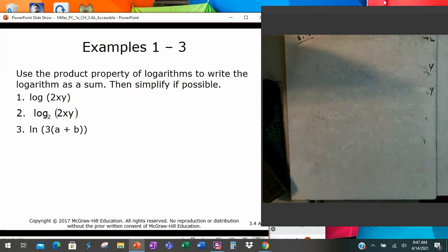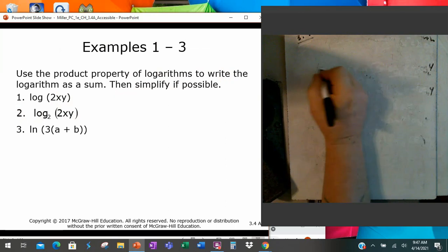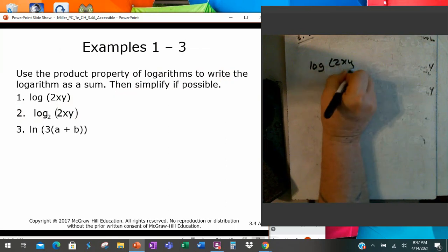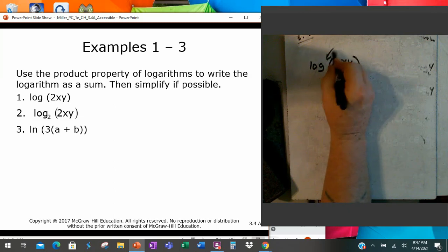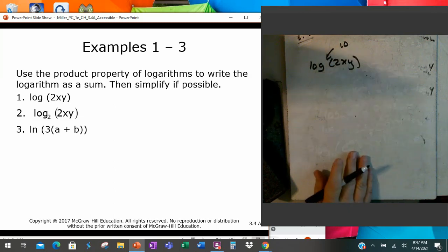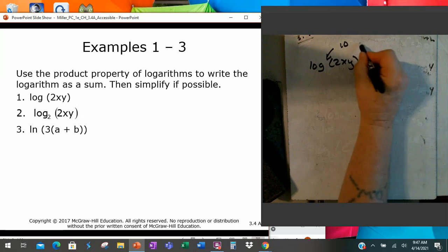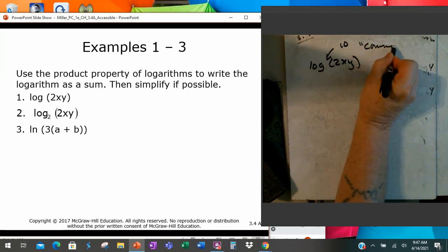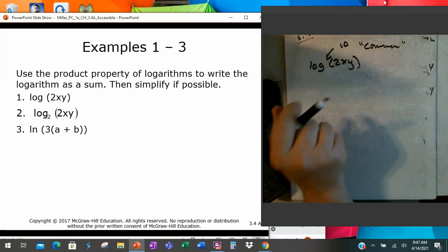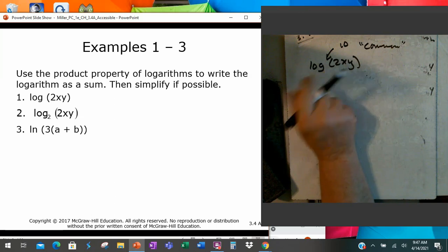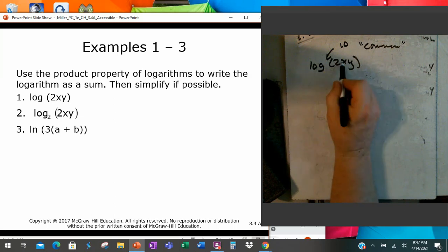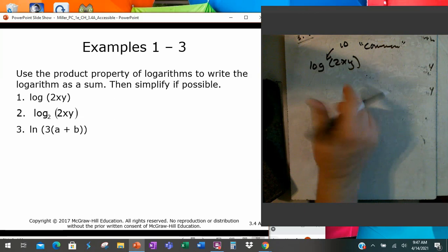So I've got log 2xy, and I have to remember, if I just see this log by itself, it's understood to be base 10. That's the common log. It's so common that we're doing base 10 all the time that we don't even write the base and we just understand it, okay?